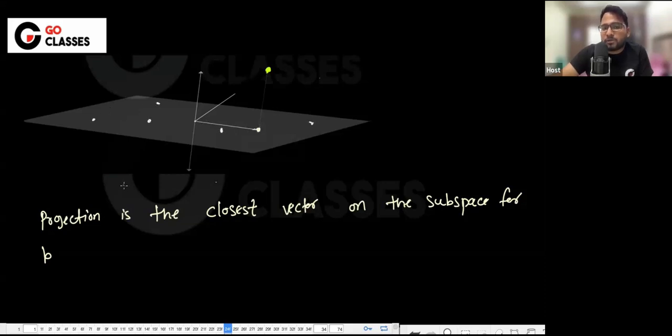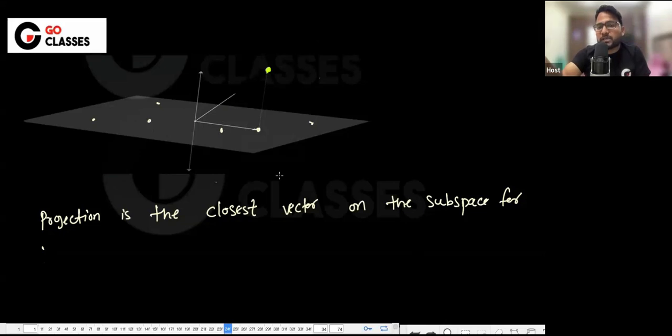Now, what do you think? What is the closest point to this particular green point? If you want to go to the closest, will you go in some other direction here and there, or will you go perpendicular? Obviously you will go straight, right?